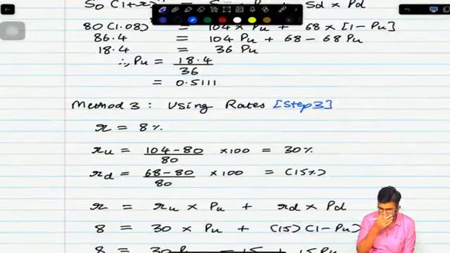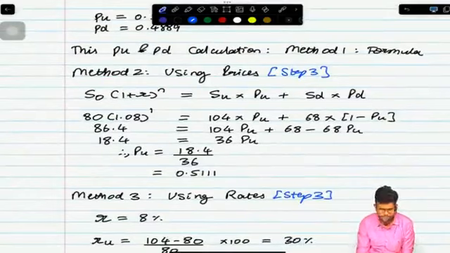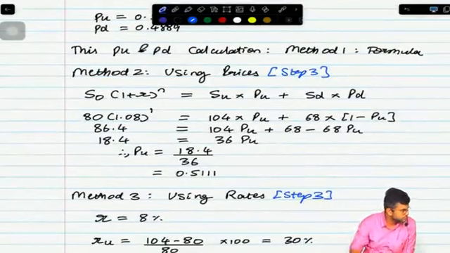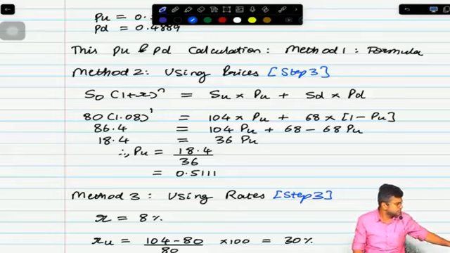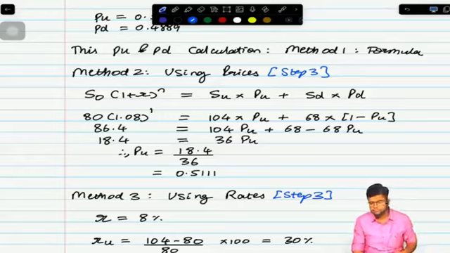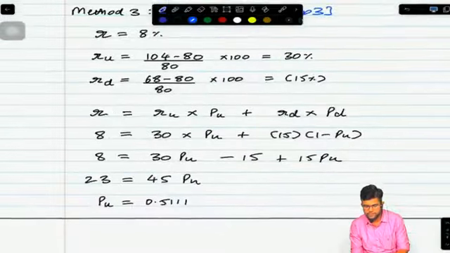This is step 3. Both of them are step 3 only. All done? Okay. So now I will proceed ahead.